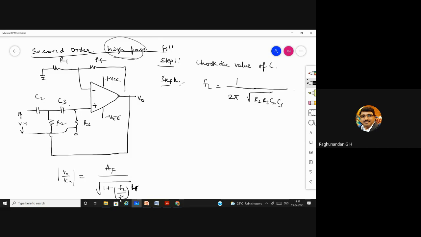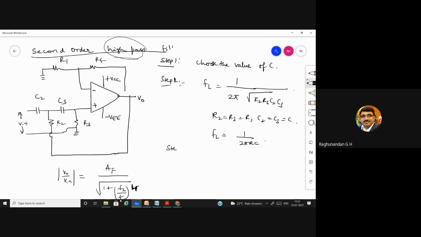If they have given the lower cutoff frequency, then we need to find out the resistance. If they have given the resistance value, then you need to find FL. So it's the same way. R2 is equal to R3, that is equal to R. C2 is equal to C3 is equal to C. So FL is equal to 1 divided by 2 pi RC.